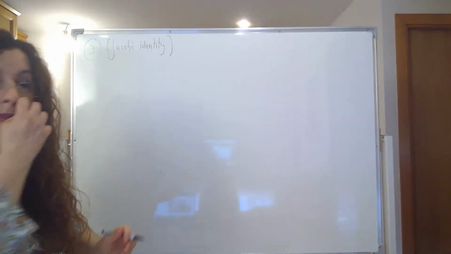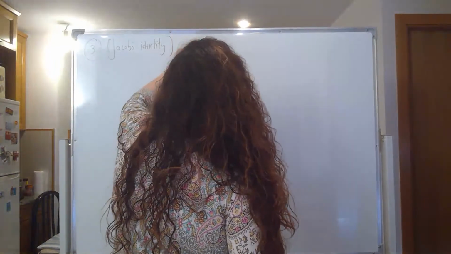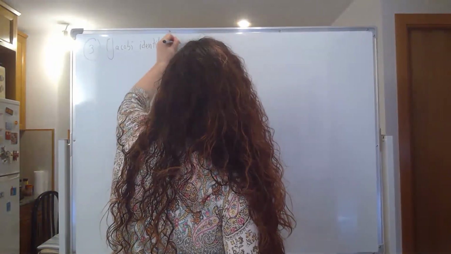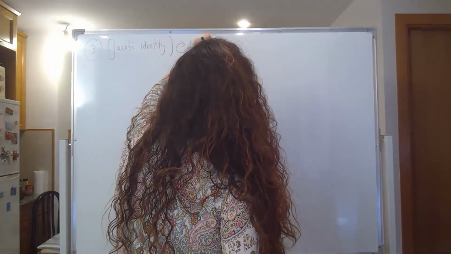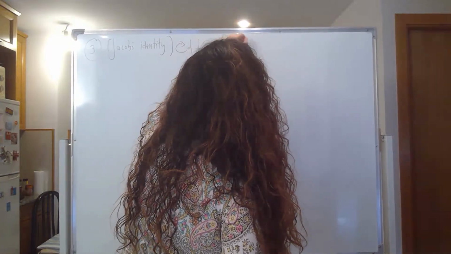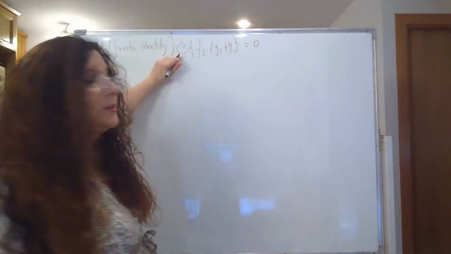Jacobi identity is the formula that tells you that the sum, which usually you put like this, the cyclic sum, is equal to 0.